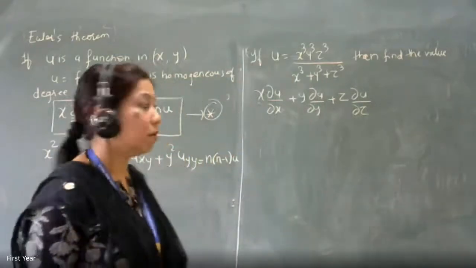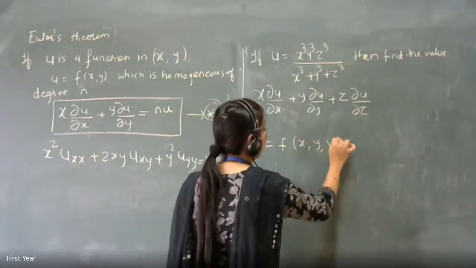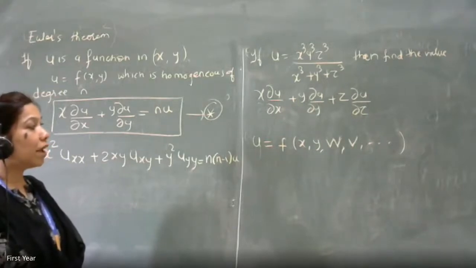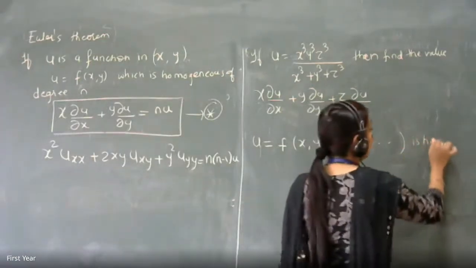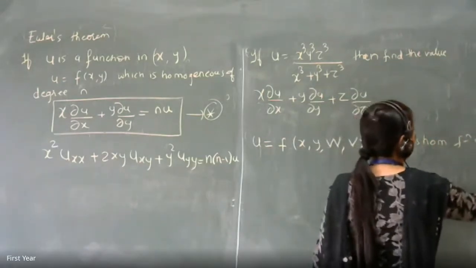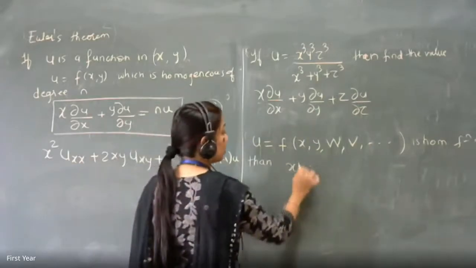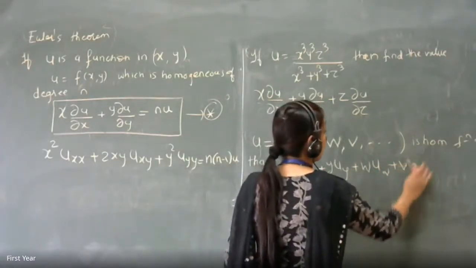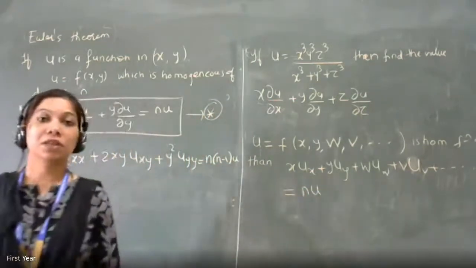If u is a function of x, y, w, v and so on, and u is a homogeneous function of degree n, then x ux plus y uy plus w uw plus v uv plus so on is nothing but n into u.